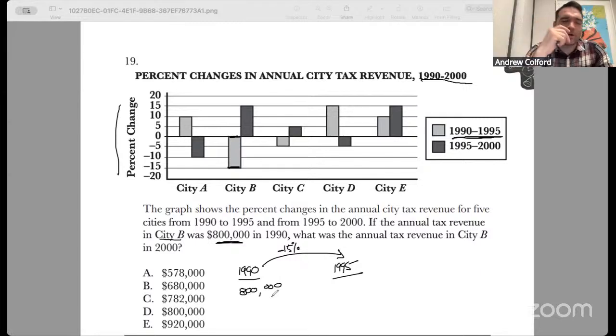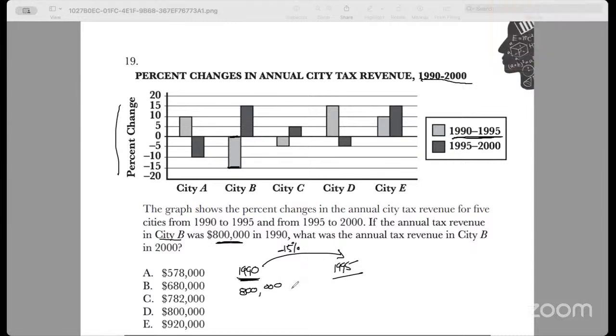Well, sorry, no, we lost 15% from 1990 to 1995. Oh, okay. Never mind. It would be 680,000. Yes.